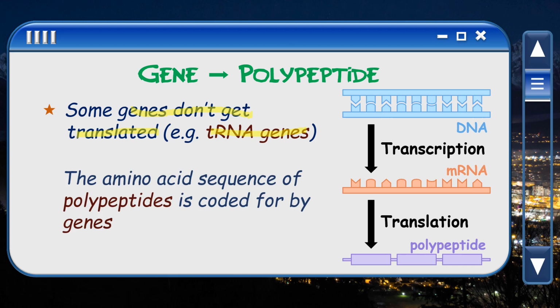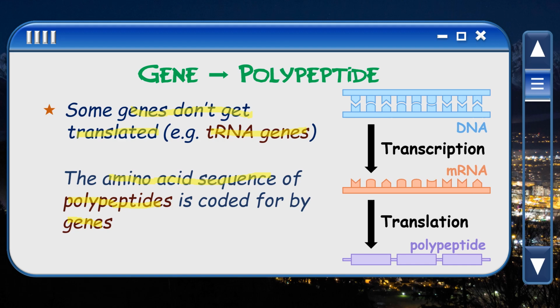Then, the amino acid sequence of a polypeptide is coded for by a gene. So the product that we are getting as a polypeptide, a gene gives instruction for these amino acids to be arranged in a particular way so that they can form a particular polypeptide.